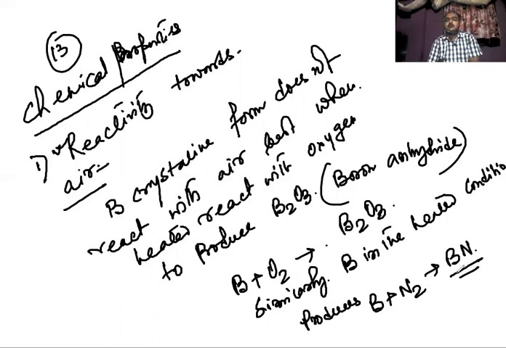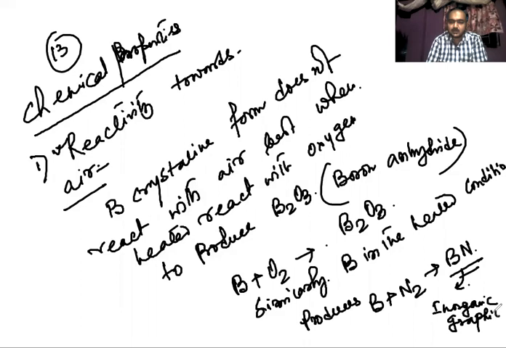The polymeric form of boron nitride is called inorganic graphite.